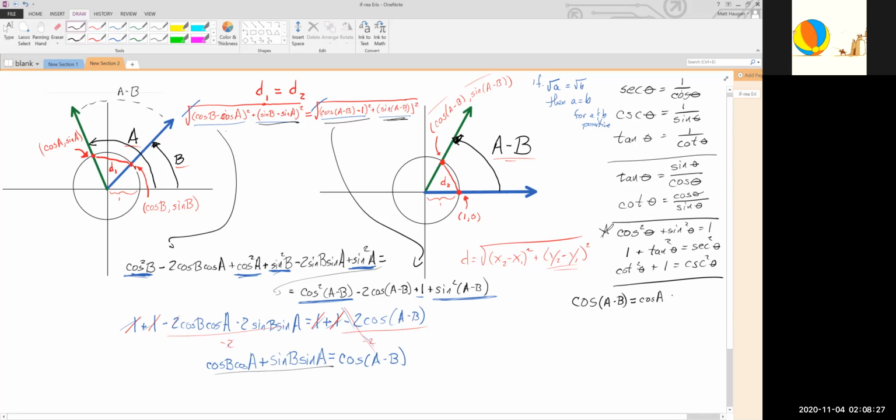It's the cosine of A times the cosine of B plus, do notice it did change to a plus when we divided out that -2, the sine of A times the sine of B. So it's not a small little formula, but it has the really great benefit of actually being true.